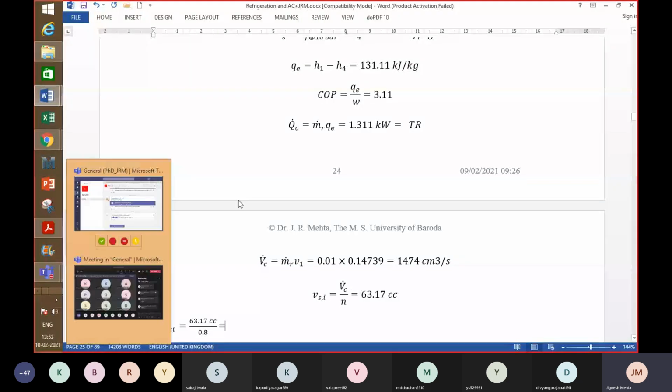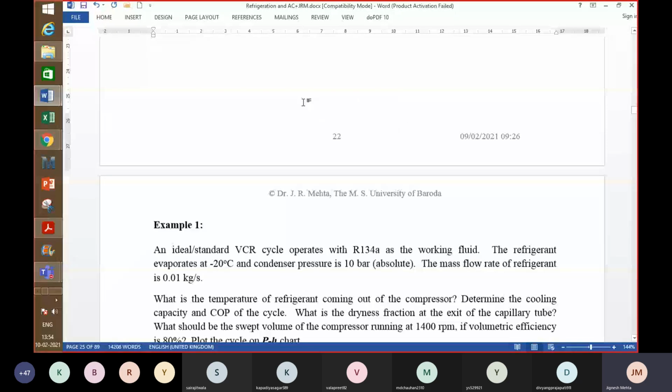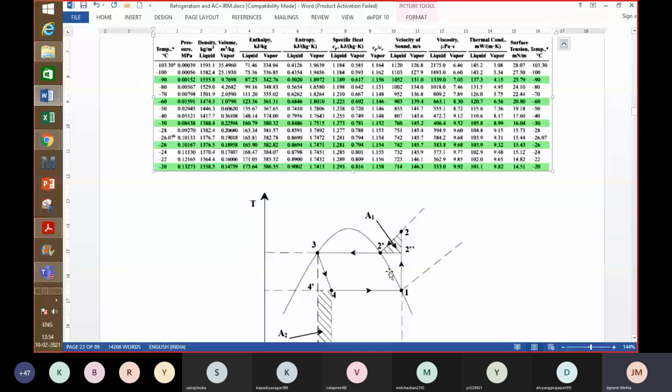Okay. So we have found all required things except one thing, and that is the dryness fraction at the exit of the capillary tube. Let's say the capillary tube is the expansion device used. So here it's an isenthalpic process. You know enthalpy at this point.